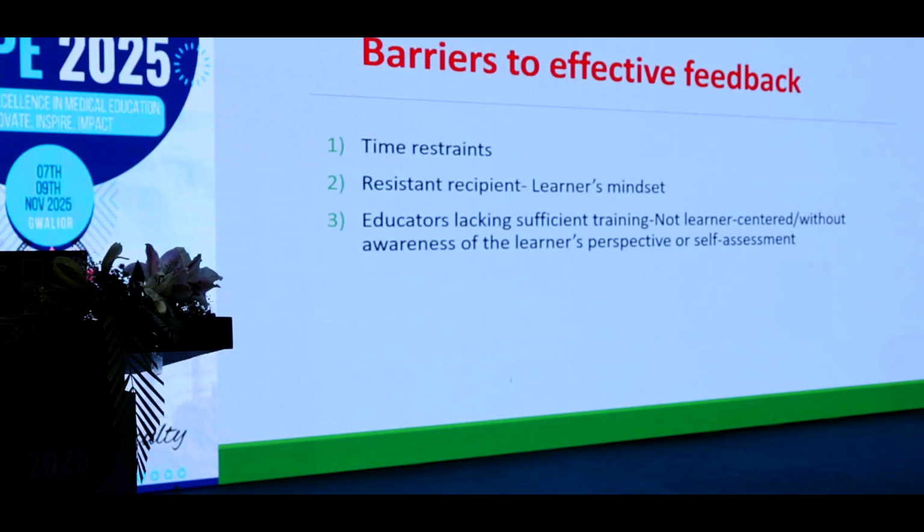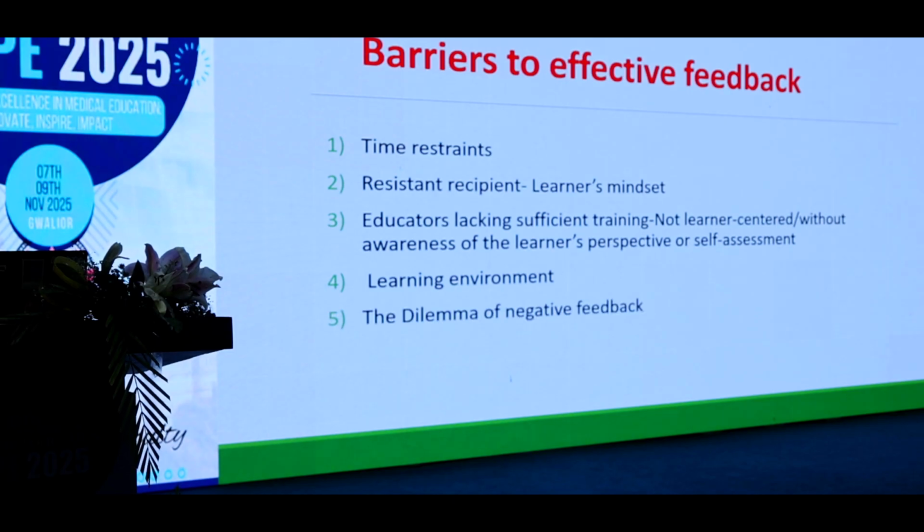Even some educators lack sufficient training. So the feedback that they are giving is not learner-centered, and it is not inclusive of the learner's perspective or self-assessment. Next important thing is the learning environment. The environment should be conducive to feedback, and feedback should be a norm, and it should be taken that every learning exposure is going to be followed by feedback.